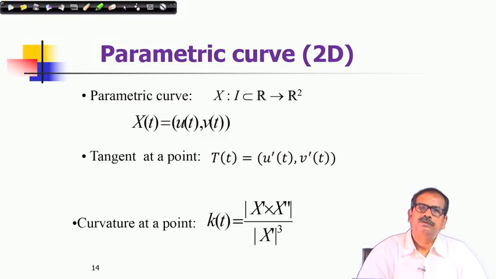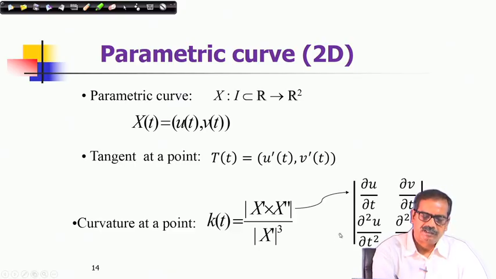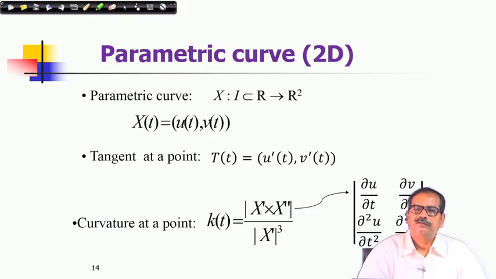What you need to do is compute the first derivative and second derivative of the parametric curve, and then perform these operations. You can see that the numerator is nothing but the determinant of this quantity derived from the first derivative and second derivative of the parametric curves, which is shown here as a determinant value.